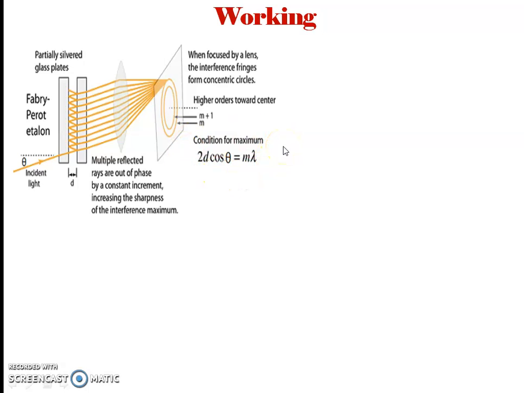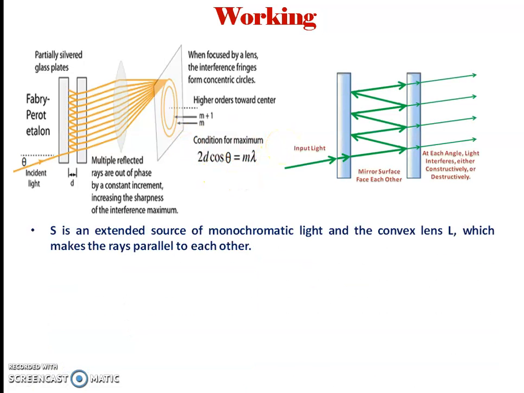This is the condition for the maximum. Now here, in a simple way, we can say that there is S, an extended source of monochromatic light, and a convex lens L, which makes the rays parallel to each other.